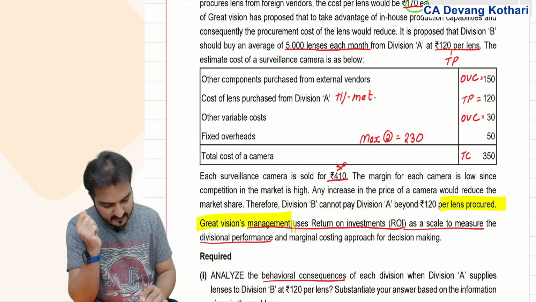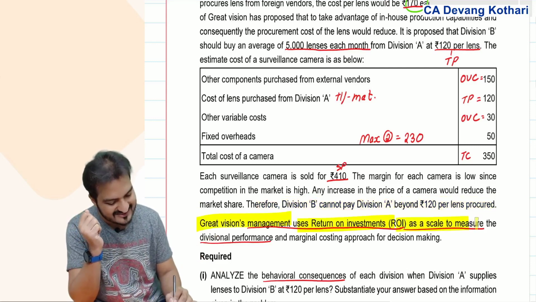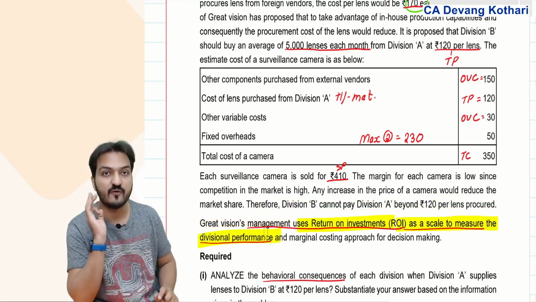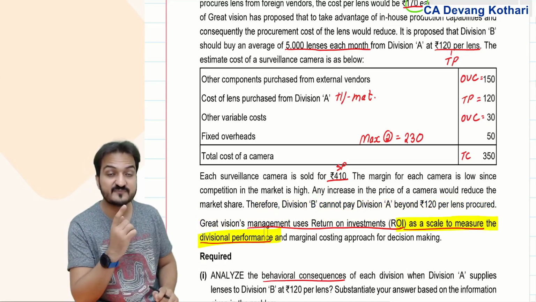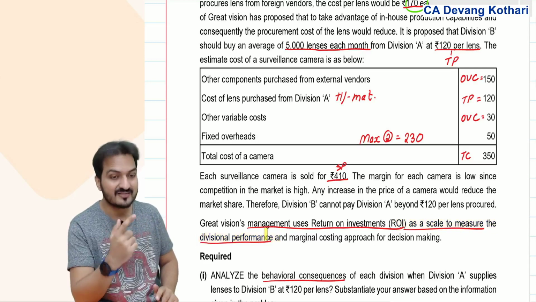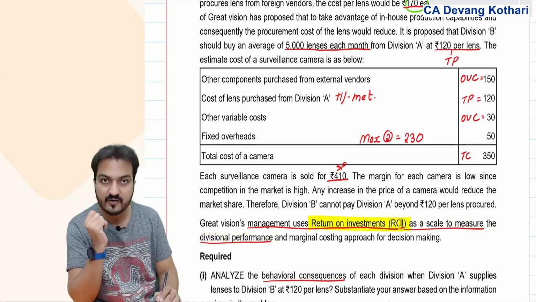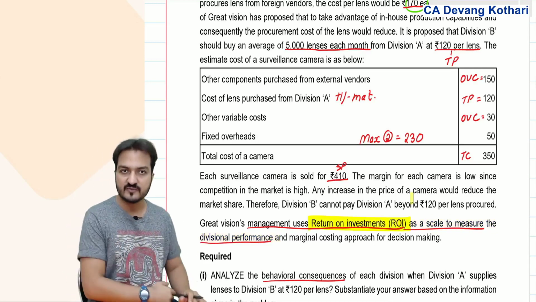Great Visions Management uses return on investment as a scale to measure divisional performance. They have specifically mentioned in the question that the company will use return on investment to measure divisional performance.